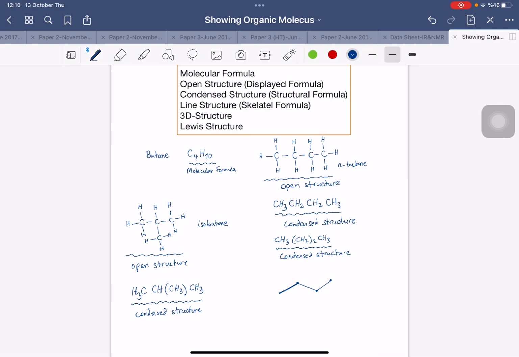The angle between bonds is 109.5 degrees. That's it, very simple. Just remember when you're drawing this line structure, these bonds should have 109.5 degrees.